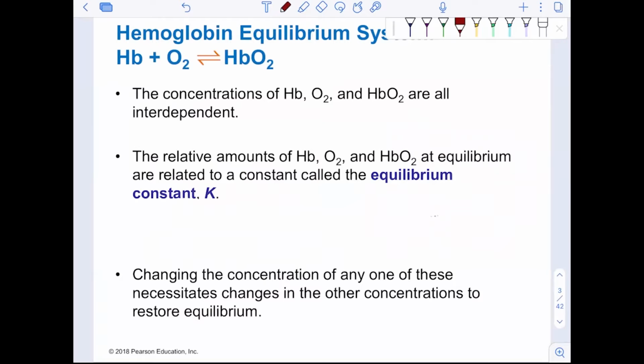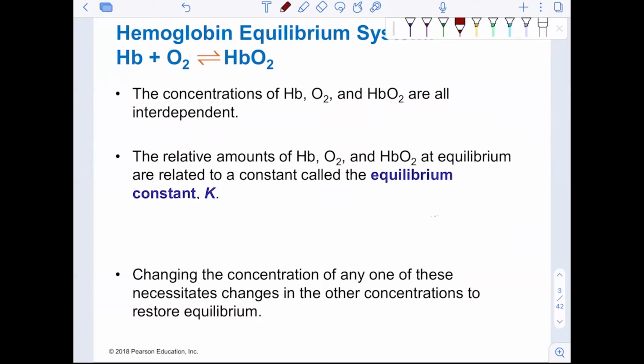Now, the concentrations of all of the reactants and products in that equilibrium reaction are interdependent. The relative amounts of hemoglobin, oxygen, and HbO2 at equilibrium are related to a constant called K, the equilibrium constant.